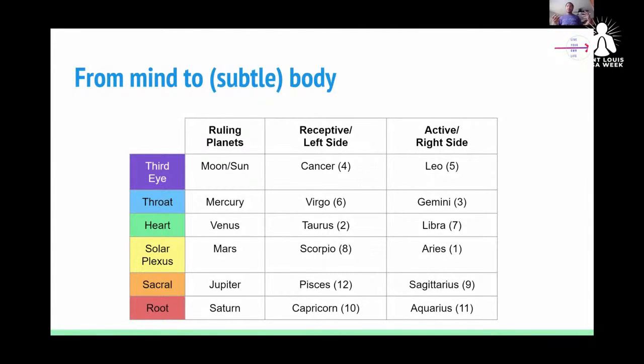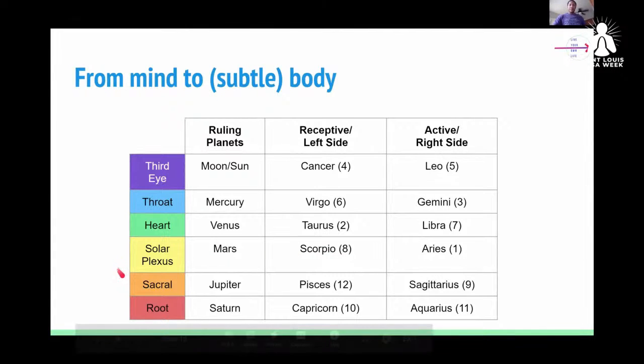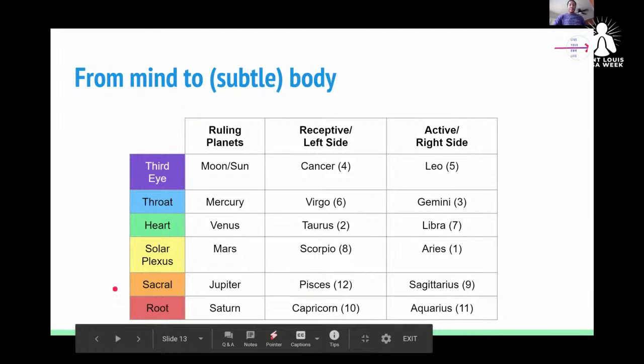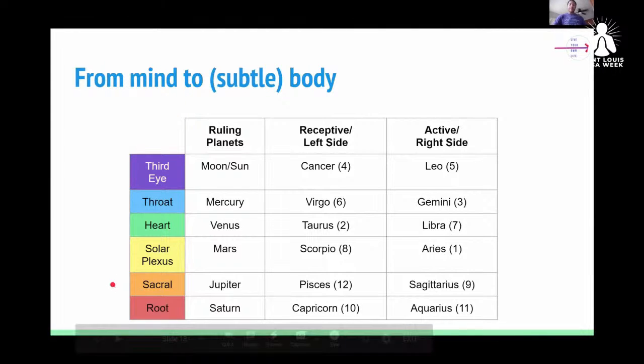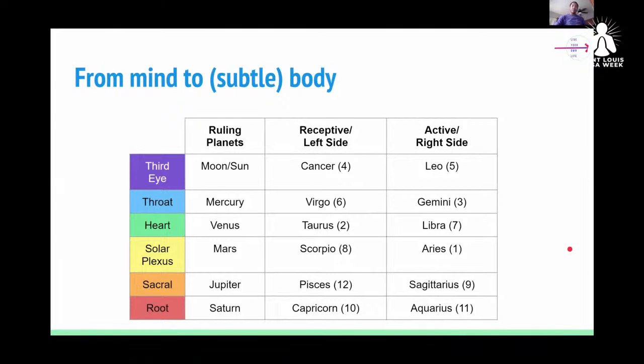So you'll just want to find which sign your north node is in. For me, Aries is down here, ruled by Mars, with the solar plexus. If you're Pisces, you'll have this sacral chakra that we'll be working with. So find whatever sign is associated with your north node.